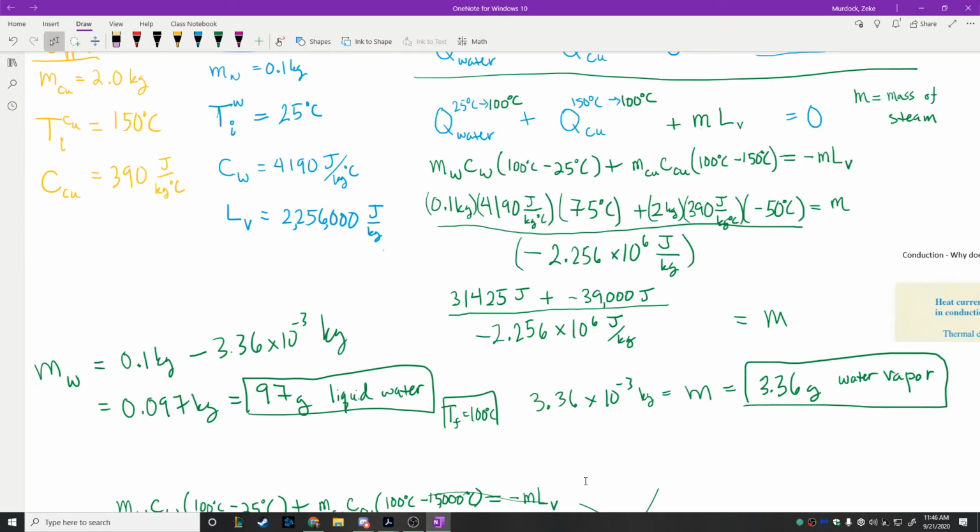Ruja said, so in a problem where we don't know if something undergoes a phase change, we can just calculate Q for the substances in the system. If the sum of those Qs isn't 0, we divide that leftover energy by the latent heat to find the phase change. The first half of what you said is true. The second half is not true, Ruja. You can definitely calculate the Qs, right? 3145. This was for the water. This was for the copper.